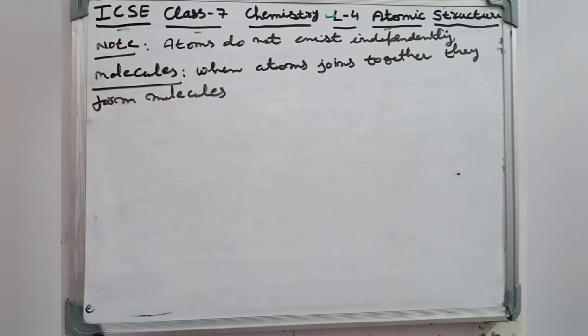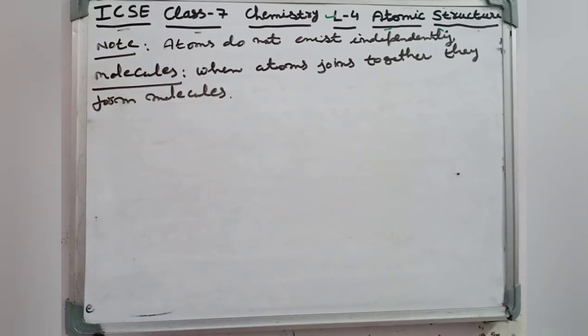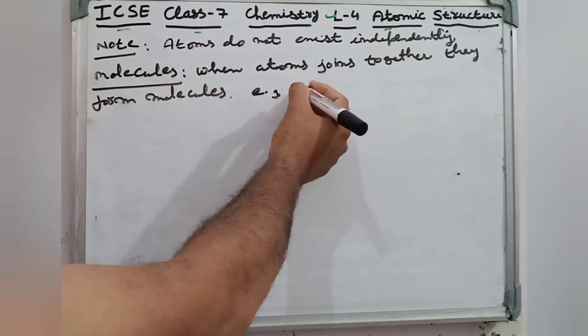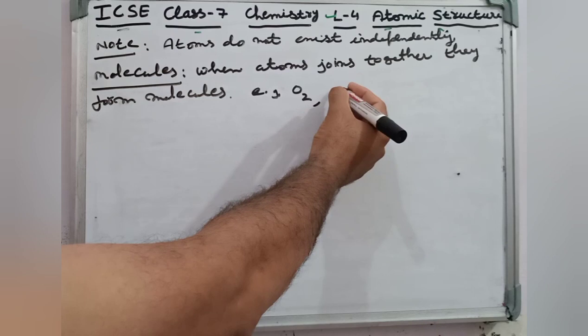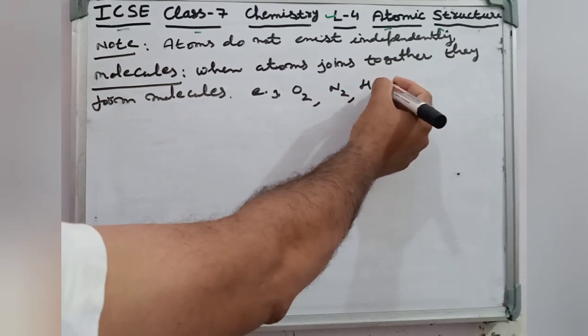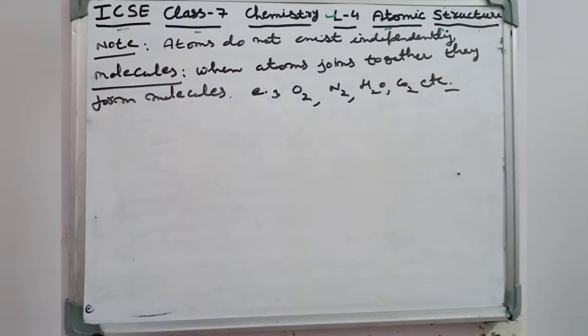Right, students? So here we got the definition of molecules. Molecule examples are oxygen, nitrogen, water, carbon dioxide, etc. Right?